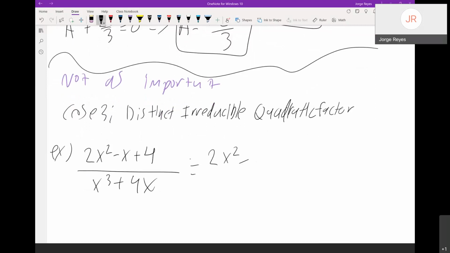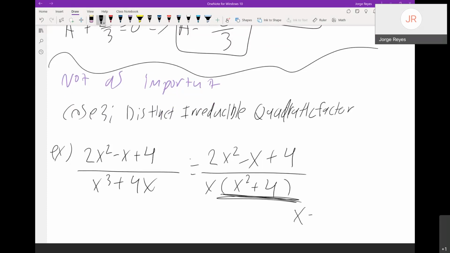So if we factor the bottom, we get x times x squared plus 4. This is irreducible, right? This doesn't factor. Well, I mean, it does factor, but it gets you 2i and minus 2i, and we don't want to go into complex land, okay? So that means it's stuck like this.